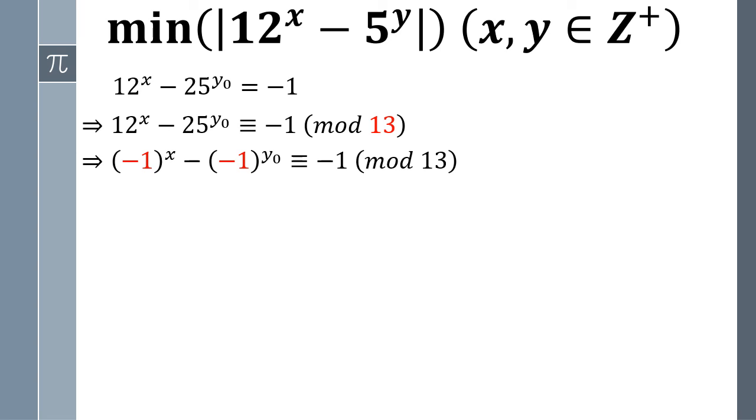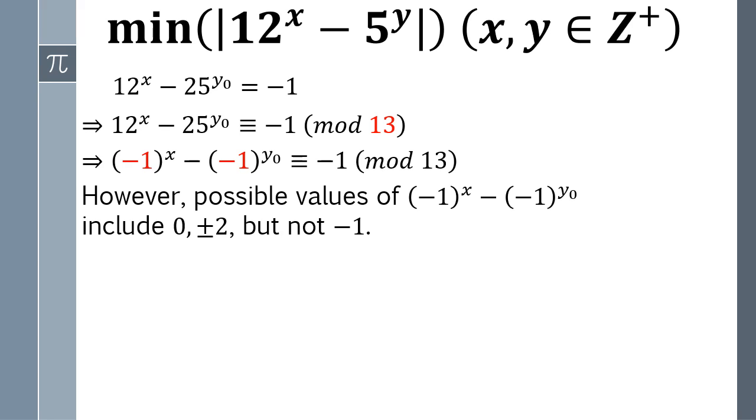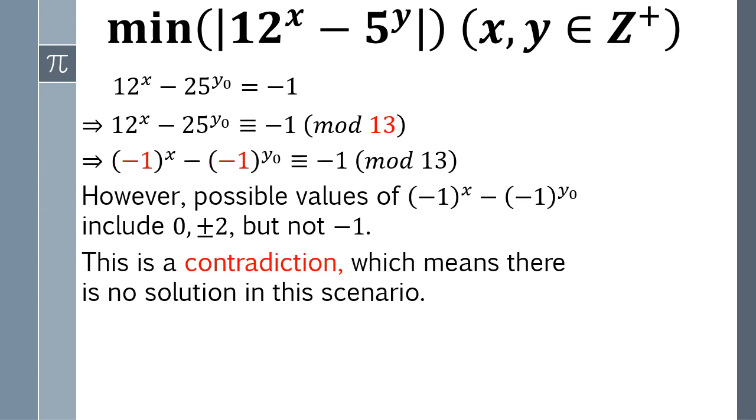And if x is an odd number but y0 is an even number, then the left side is minus 2. That means possible values of the left side include 0 and plus or minus 2. However, the right side is minus 1. Apparently, this is a contradiction, which means there's no solution in this scenario.